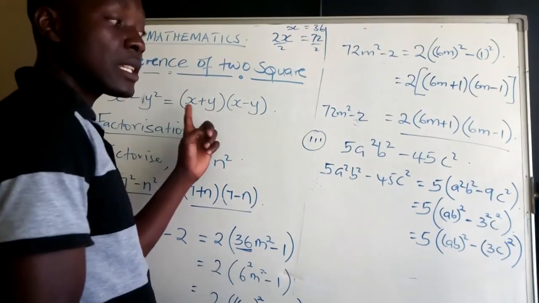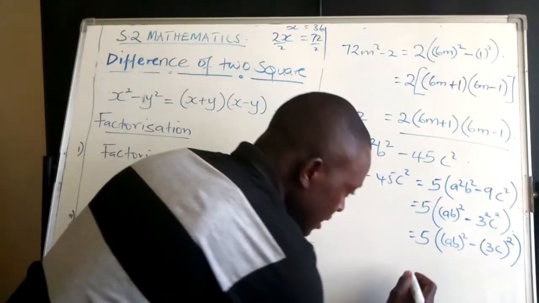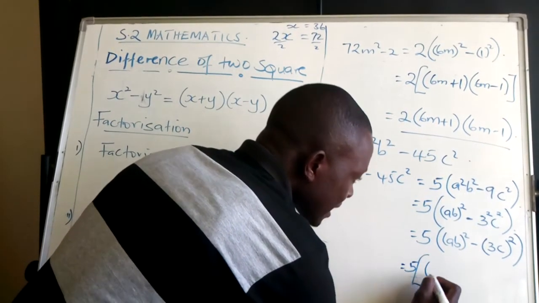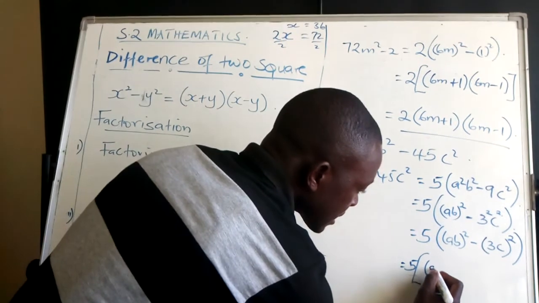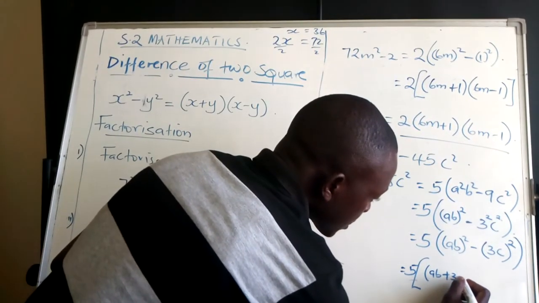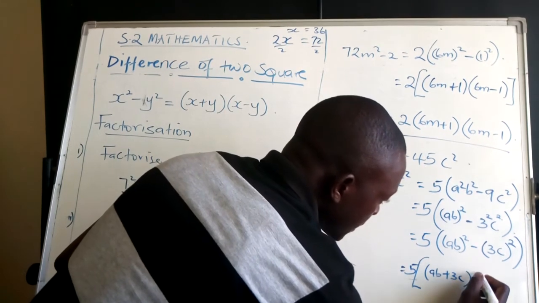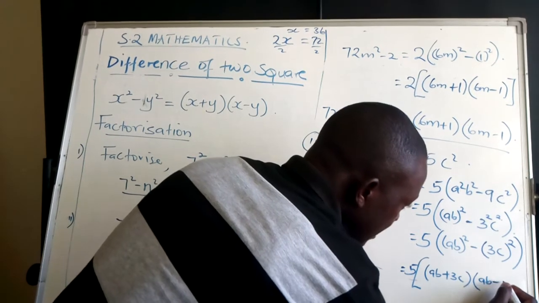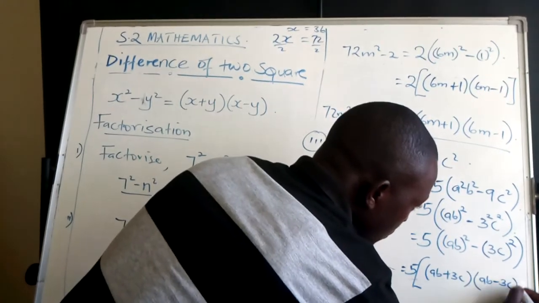I go back to the identity. The identity says, I will have 5 into, I write the first number without the square, that's ab, plus the second number without the square, 3c, into, write the first number without the square, ab, minus the second number without the square.